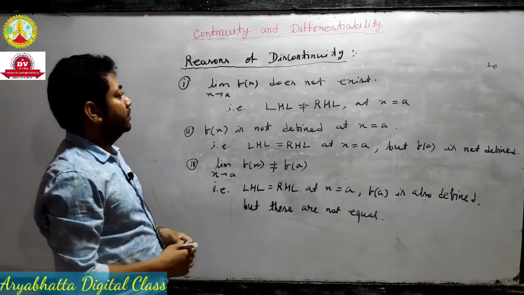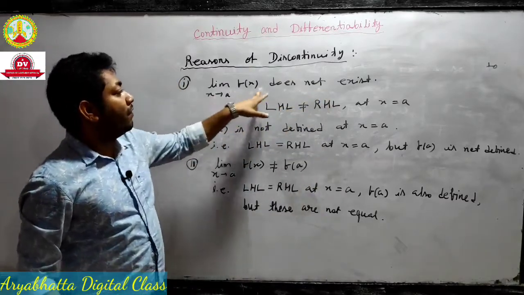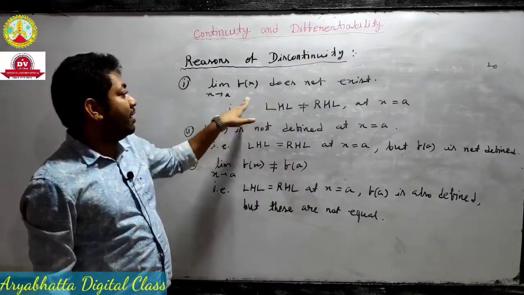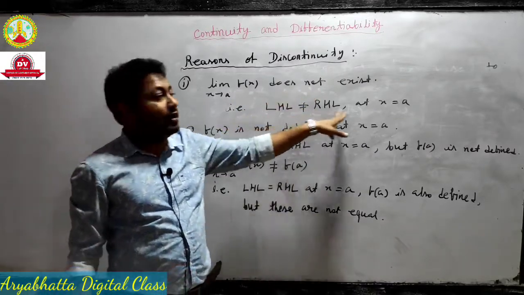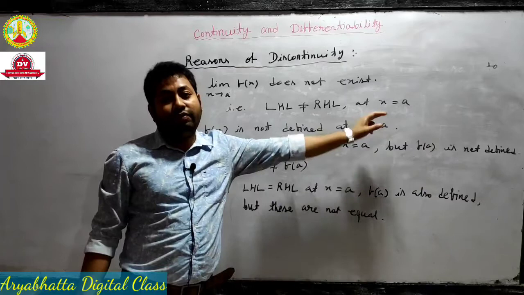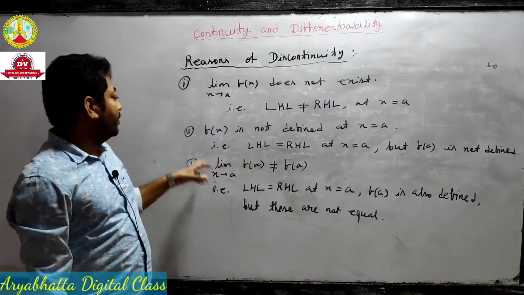A function is said to be discontinuous if limit x tends to a of f of x does not exist. That means left hand limit is not equal to right hand limit at x equal to a.